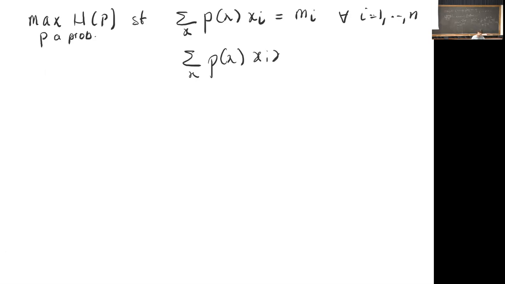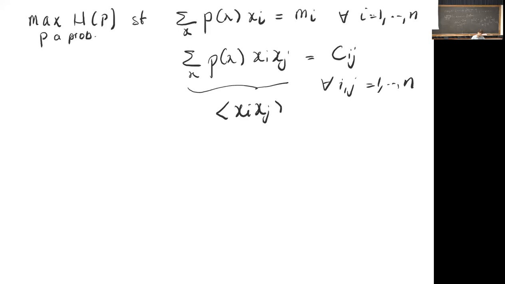So you know that if you average xi xj, you get some constant Cij for all ij from 1 to n. Or with our statistical mechanics notation, this is this. These are called two-body correlations.